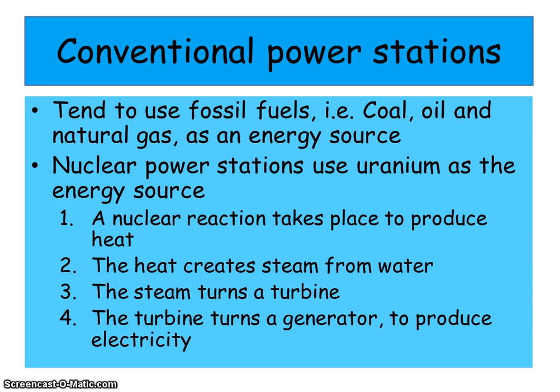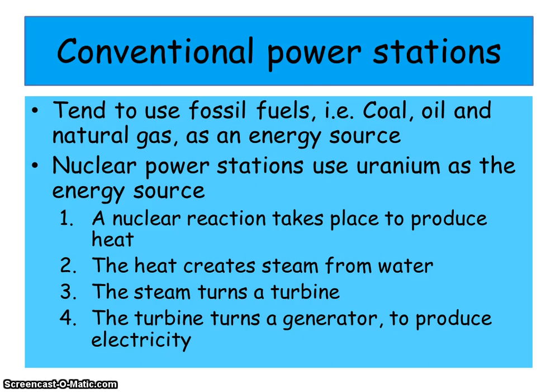Well, we can do this in a nuclear power station as well, exactly the same way, except instead of having a fossil fuel, we use a radioactive substance, and we use a process where we can produce heat from a radioactive substance, and it's usually uranium, to give off loads of energy, and that energy is used to heat up the water, to make the steam, to turn the turbine, which turns the generator, which produces the electricity.